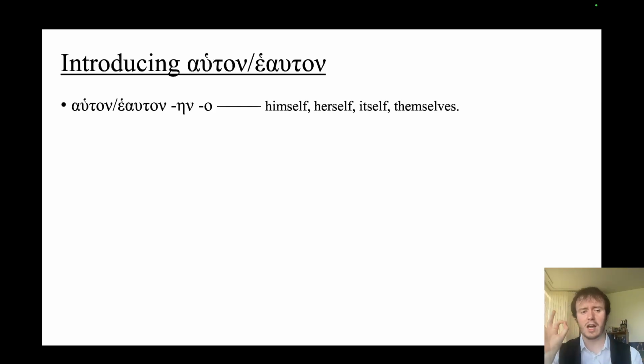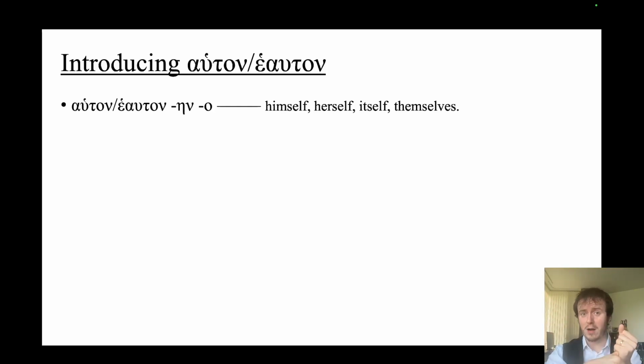But this word ἑαυτόν or αὑτόν is what we call a reflexive word. I'm going to speak about this more in a moment, but reflexive means that it refers back to the subject. On top of that, this word cannot be nominative, unlike the word αὐτός. Αὐτός, when it's being used emphatically to mean himself, herself, etc., can be nominative, but this word has two differences.